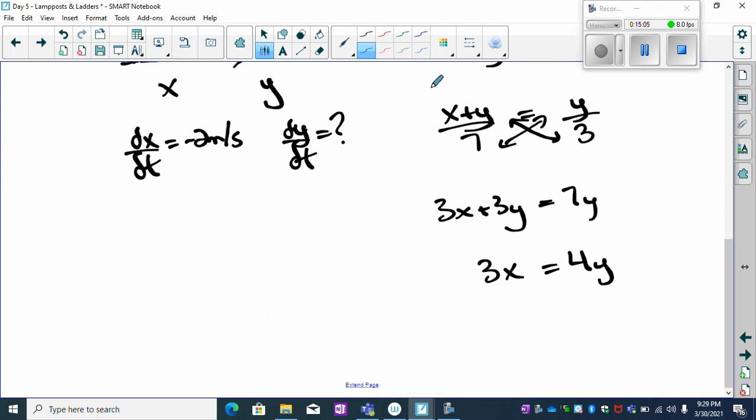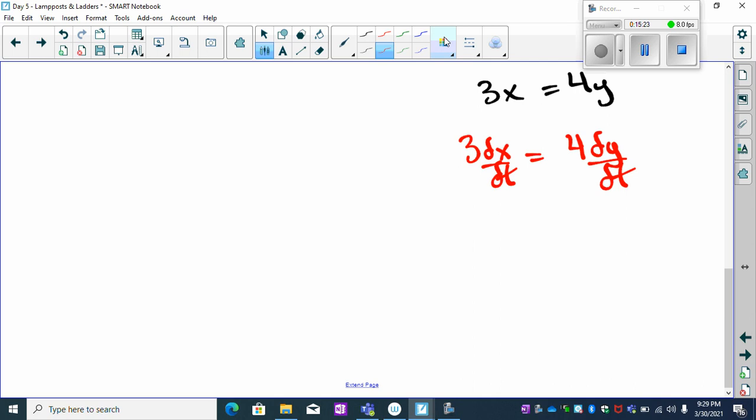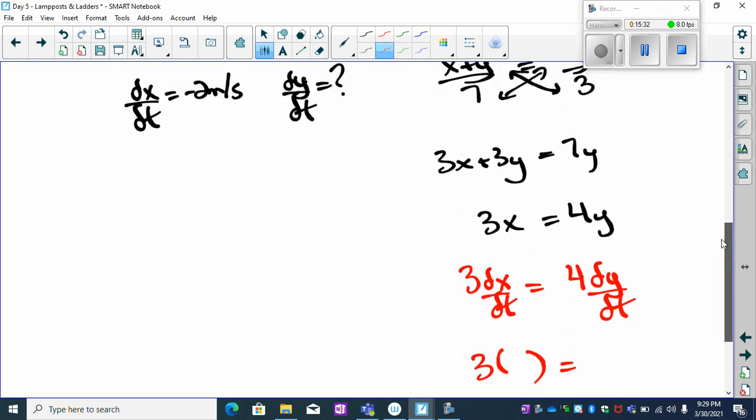Now, what do I want to do? Always, once you have your formula that relates the quantities, you differentiate with respect to time. So this becomes 3 times dx over dt, which I know, and this becomes 4 times dy over dt, which I'm looking for. So this now becomes 3 times dx over dt, that was a -2.